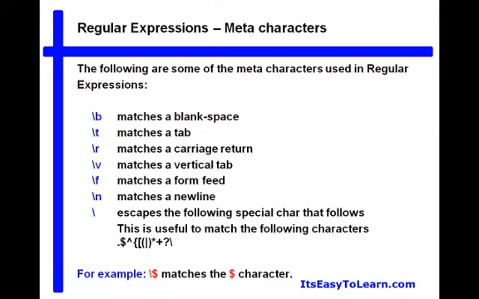Regular expressions are ways of matching data. The following are some of the meta characters used in regular expressions, which are used to match characters. For example, \b matches a blank space, and \t matches a tab. \r matches a carriage return, which is equal to the user pressing the enter key. \v represents a vertical tab, \f represents a form feed, and \n matches a new line.